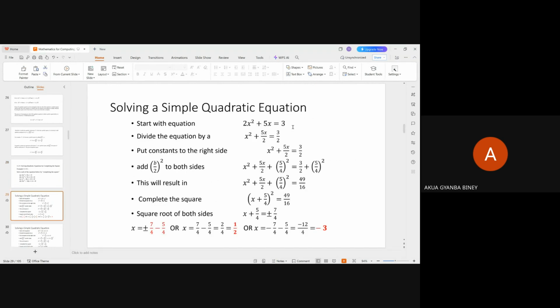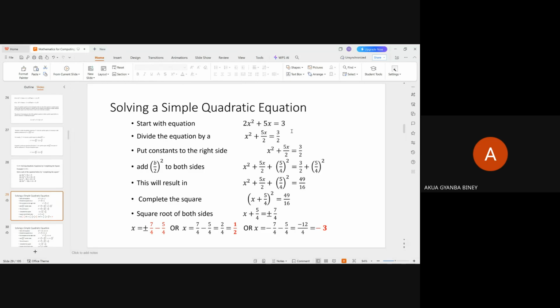So this one, the first thing is divide the equation by a. I did this step because most of the time you get x squared, but when there is 2x squared, you may be tempted to forget the 2.